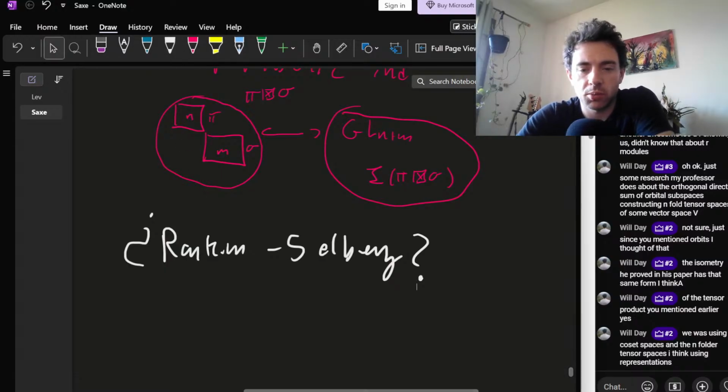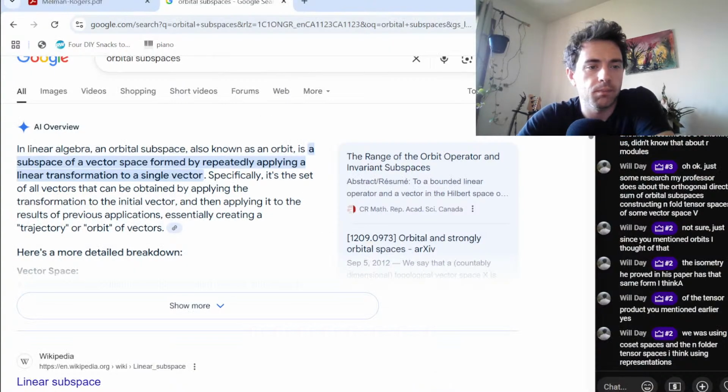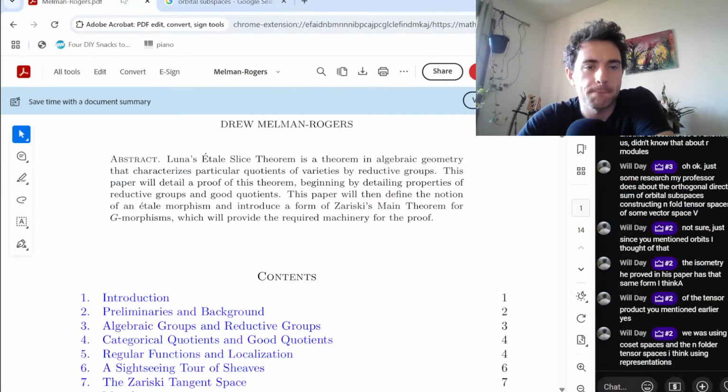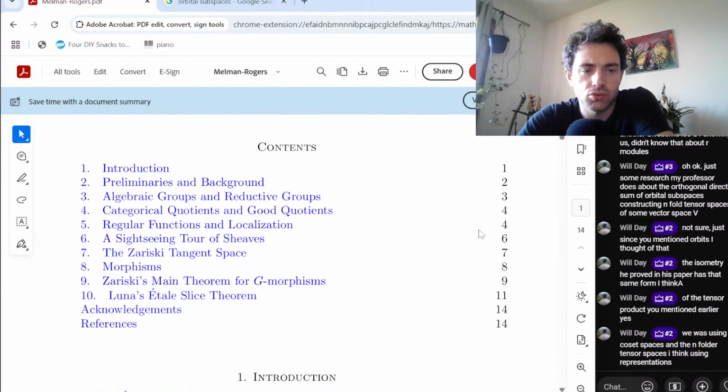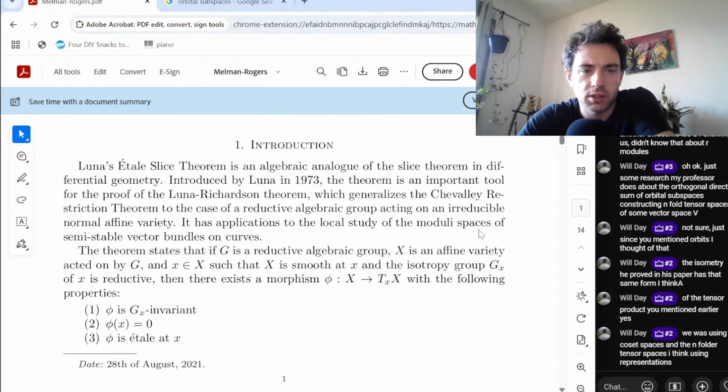Oh yeah, I was going to go back to this Luna slice theorem. Quotients of reductive groups, the algebraic analog.